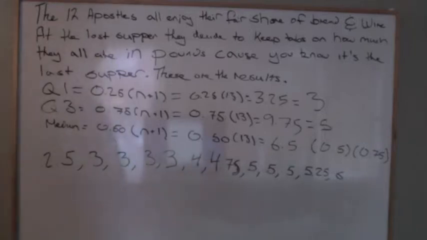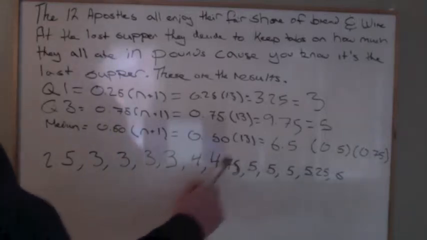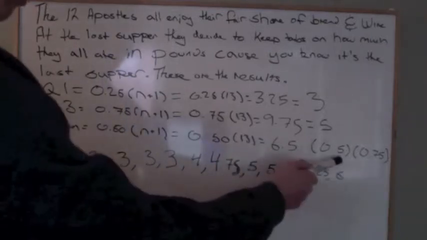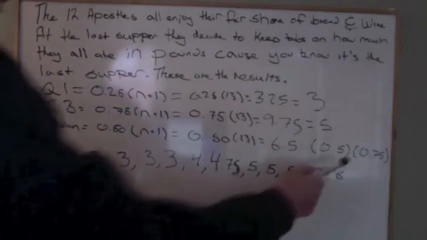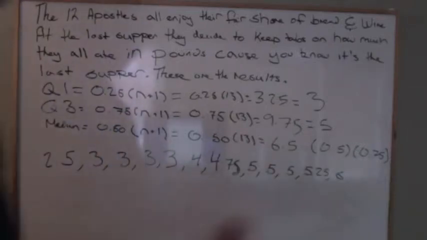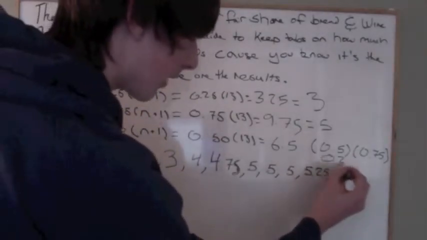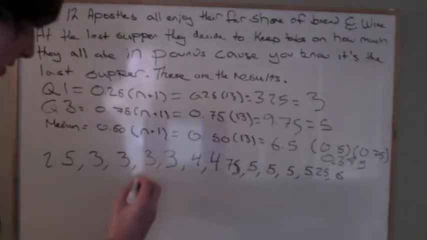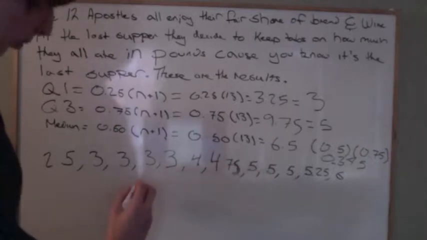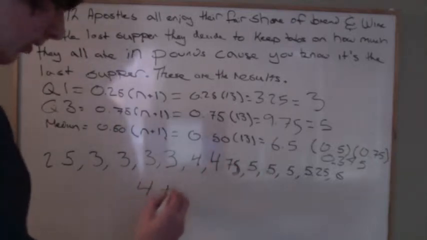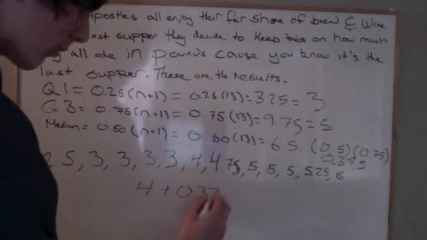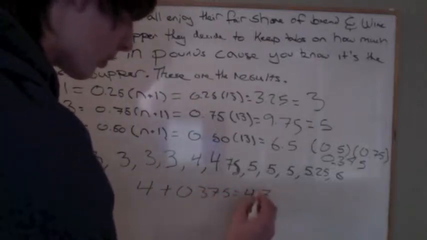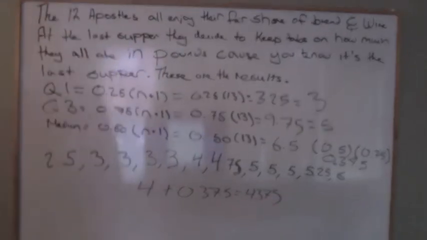And to do this, you can simply subtract to get the extra bit, which is 0.75, and multiply it by 0.5. So you get 0.375, which you add to 4, so 4 plus 0.375 equals 4.375, sorry, my bad.